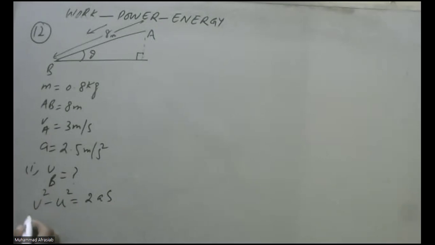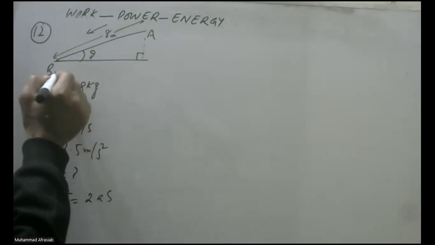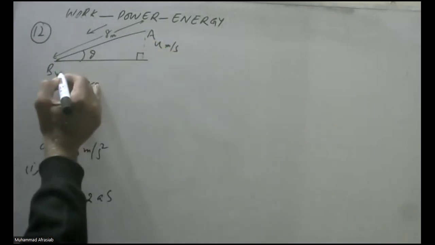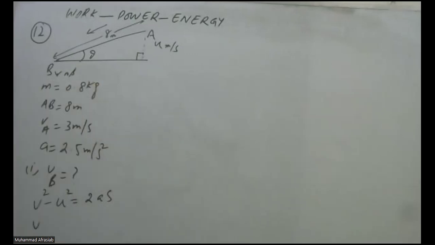Velocity at B is V and velocity at A is U. So V square is equal to U square plus 2AS, which is equal to U is 9, plus 2 into A, which is 2.5, and S is 8.